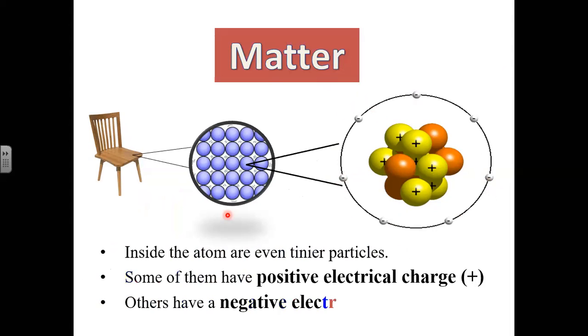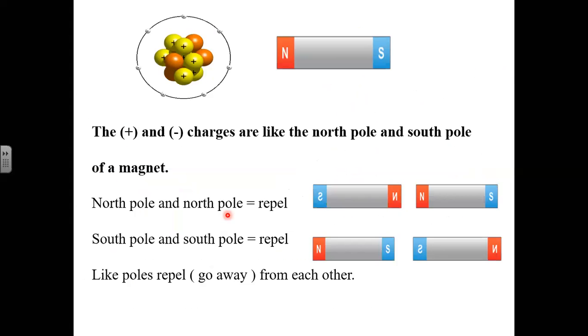The positive and negative charge inside any atom act like the north and south pole of a magnet, meaning that if we approach 2 positive charges to each other, they act like 2 north sides or 2 south sides of magnets getting closer to each other.